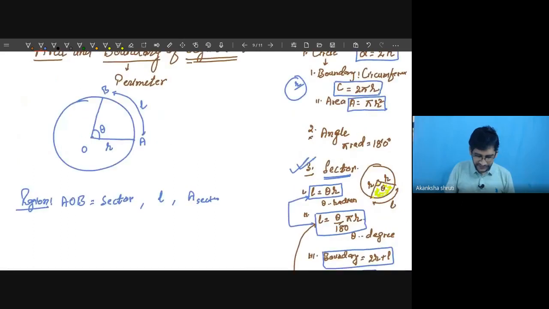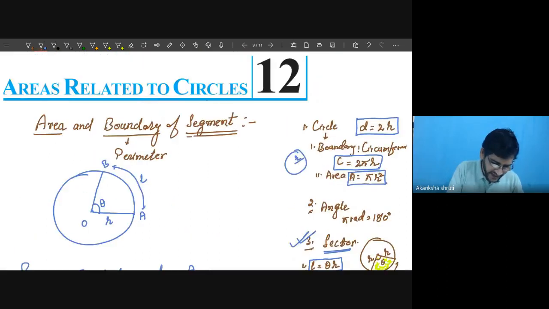Students, so rather than this sector, if we consider the arc length and the chord joining this arc length, here the arc along with the two radius was forming the sector.